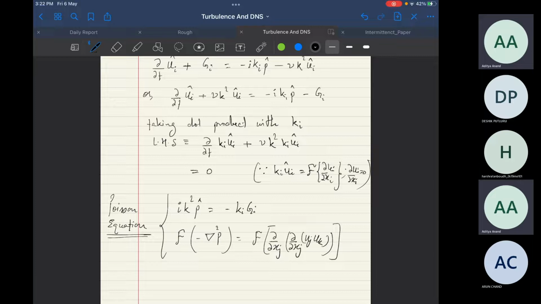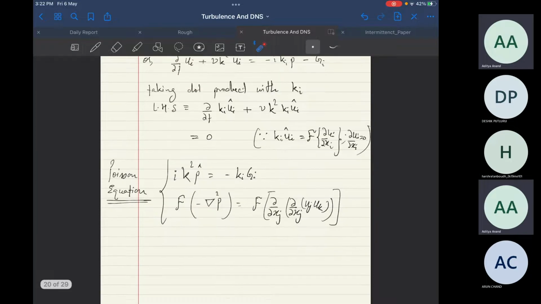Okay, so if you take this to the right hand side, you'll have the I ki, and if you balance signs, you'll get this equation.